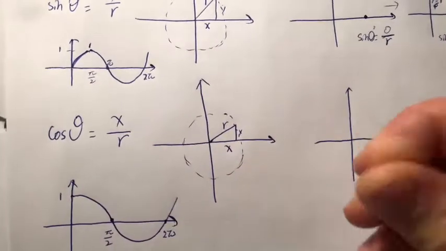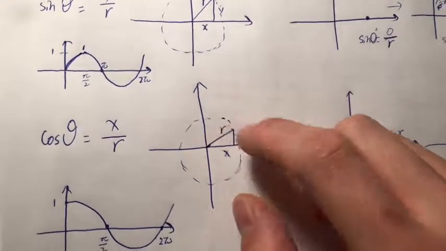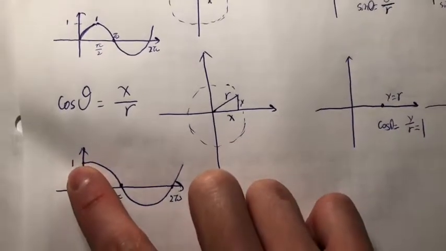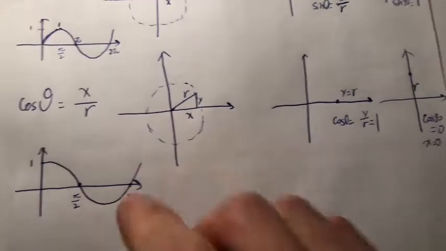Cosine is the ratio that is x over r. So it's this one over this one. Let's look at it in the beginning. If you look at this function, it started from 1 and then goes to 0 and then finishes the cycle.